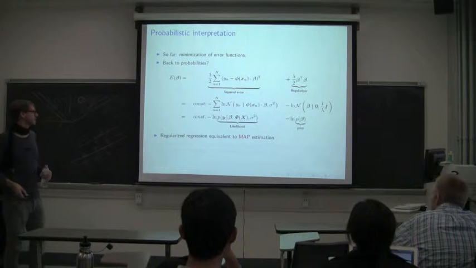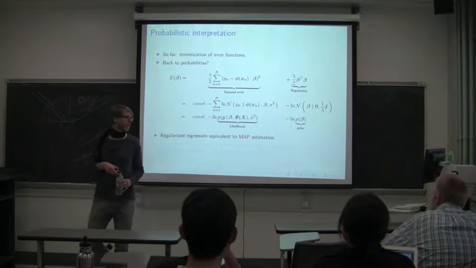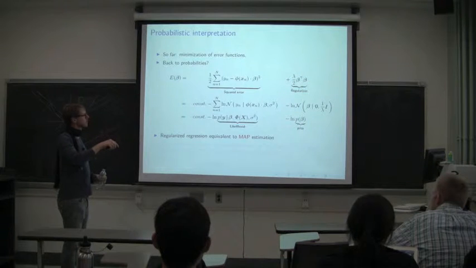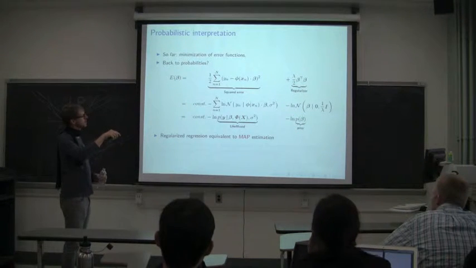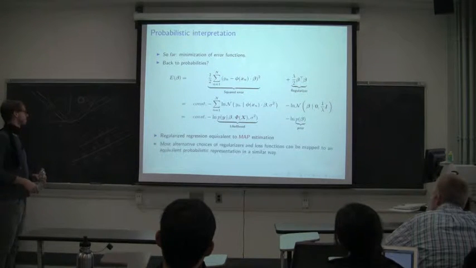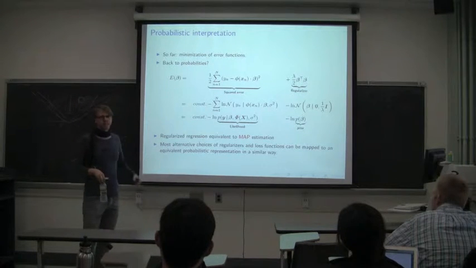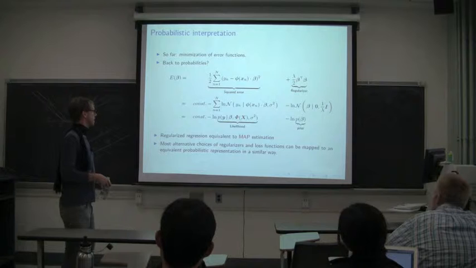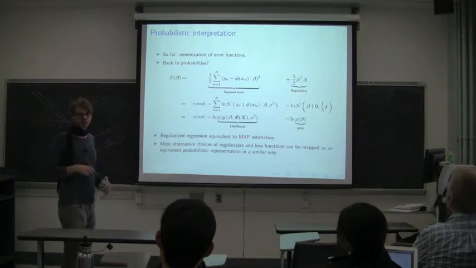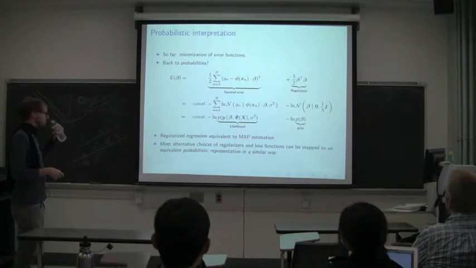So regularized regression can be interpreted as maximum a posteriori estimation, because if we maximize the log posterior, it's the same as minimizing the squared error plus the regularizer. And basically all these Q norms that we looked at before can be interpreted in terms of some exponential family distribution.